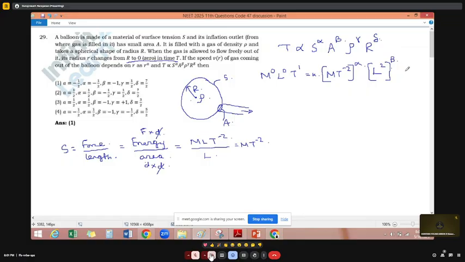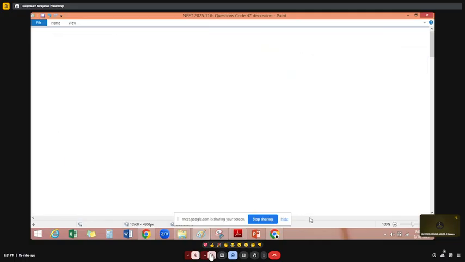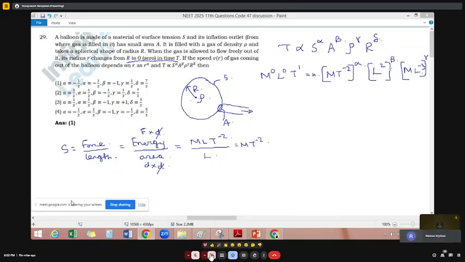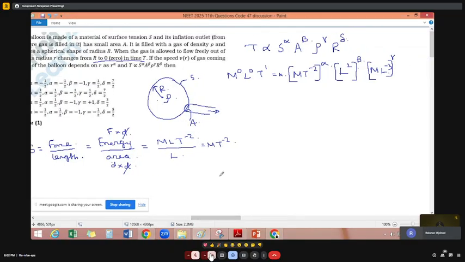Density is mass by volume, so M L power minus 3. R is radius, which is length again, so that means L power delta.